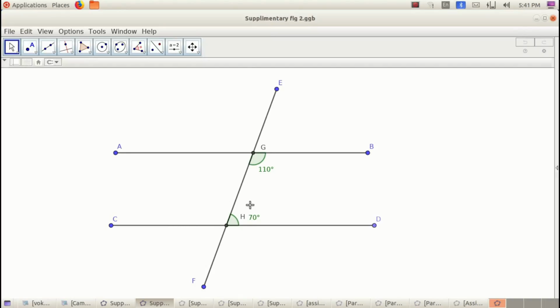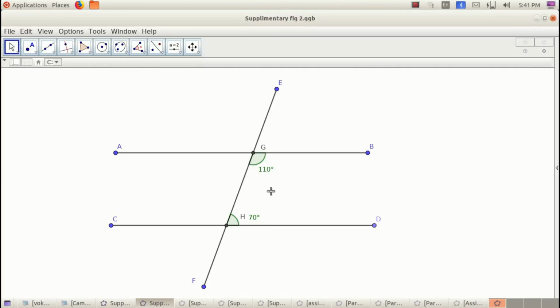These two angles, listen here. Now we are going to understand the features of these two angles. Here it is 70, here it is 110. What about their position? These two angles come in between parallel lines and on the same side of the crossing line.